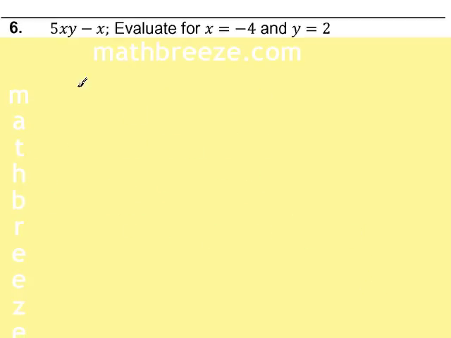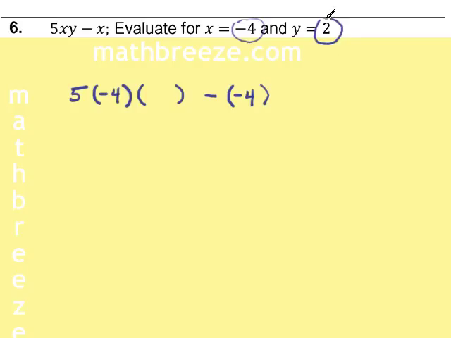In number 6, we have 2 variables. So we're going to use parentheses for each, like that. And now where x was, we're going to put in a -4, so we're going to put a -4 here. And x was right here, so a -4 here as well.